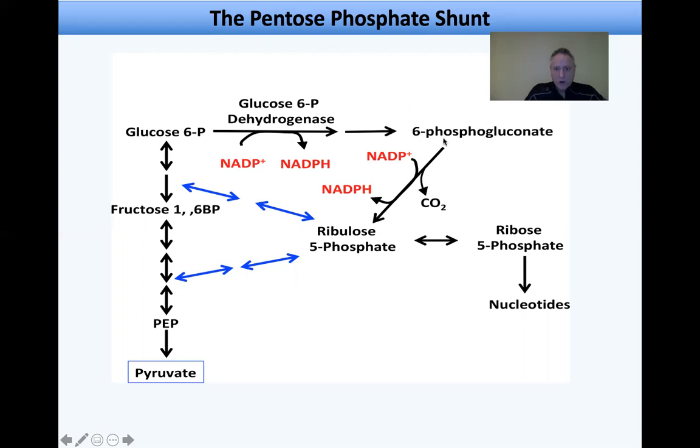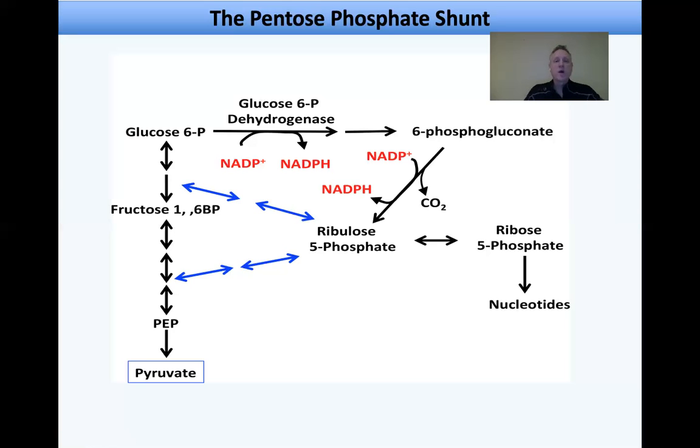And so what you can do is create 6-phosphogluconate, which is an oxidized form of glucose 6-phosphate. You further oxidize it by releasing CO2, and you make ribulose 5-phosphate. This is a 5-carbon sugar. And then what can happen is that this can get integrated back into the glycolytic pathway, which only contains 3 and 6 carbon sugars.